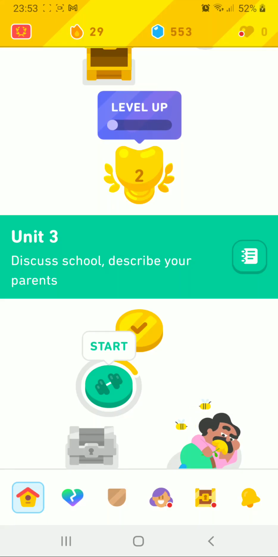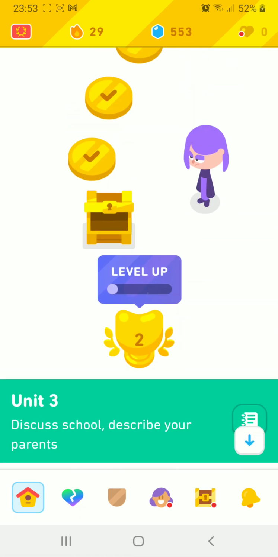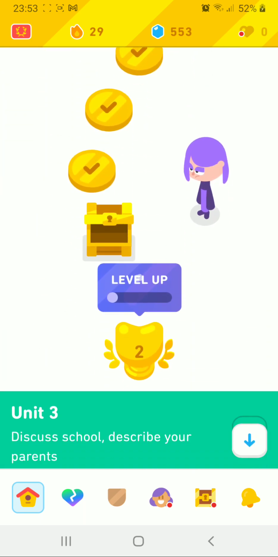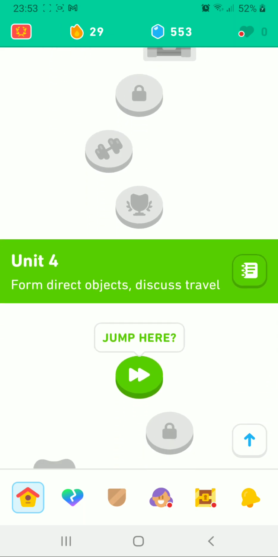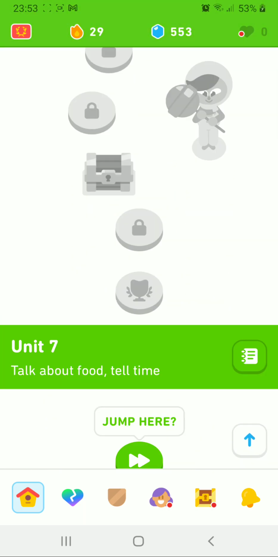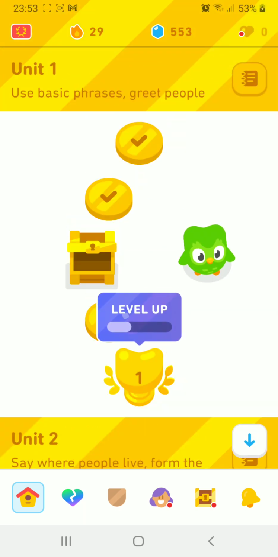This is Gerald Baya for Aunet Latin, and we are using Duolingo for our lessons. I'm using this smartphone application as my learning material. I'm learning different languages.